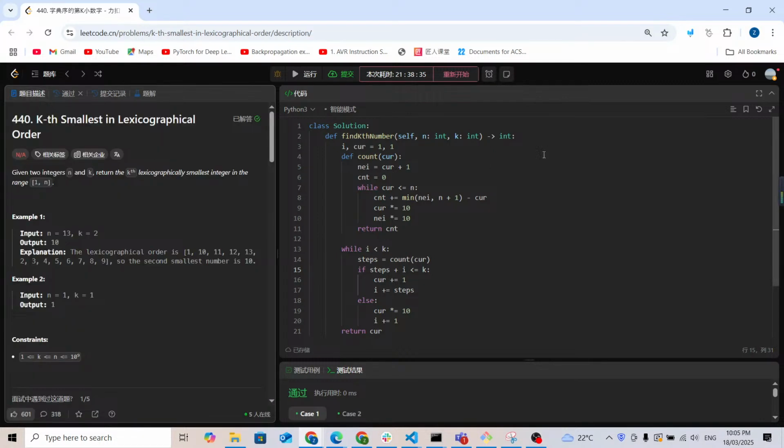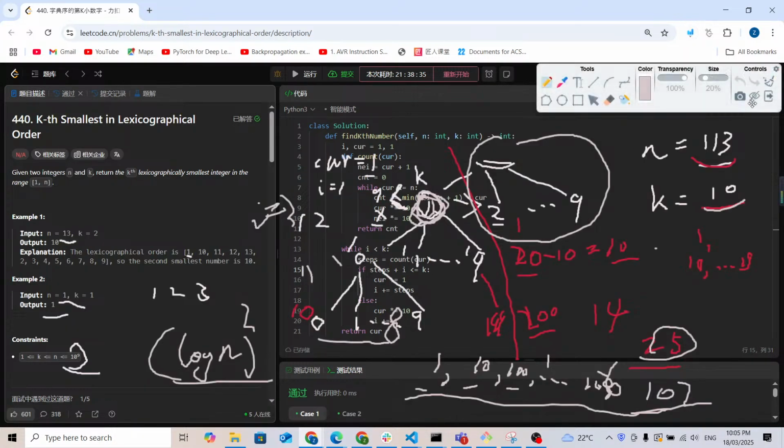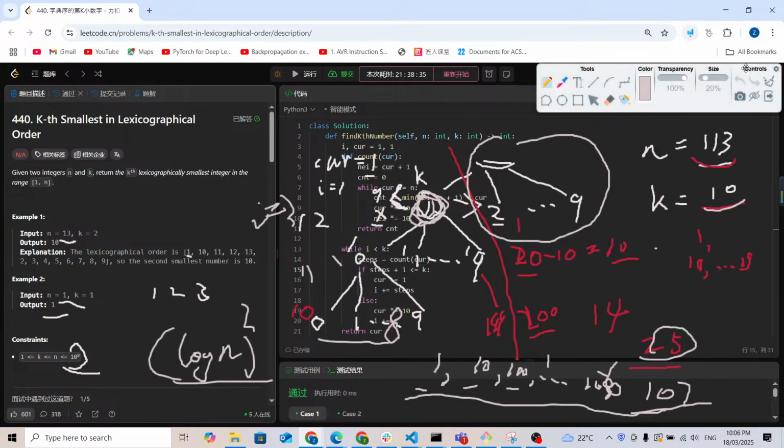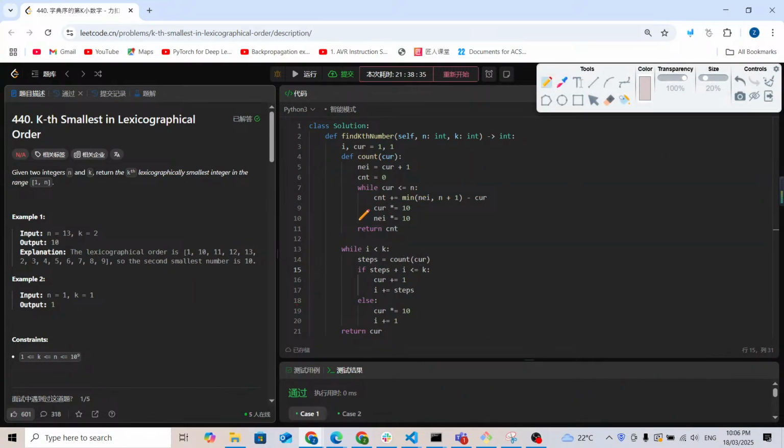Now let's analyze a little bit about the time complexity. Now we can see the whole drawing that I drew before. Actually, the whole drawing is about the algorithm. For the time complexity, for this count, as we can see, for the while loop, there's a jump for the count and a neighbor. It's going to be times 10, so it's going to be log n time.